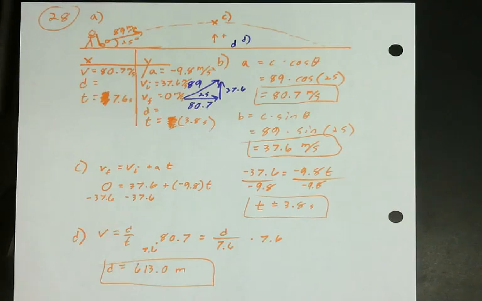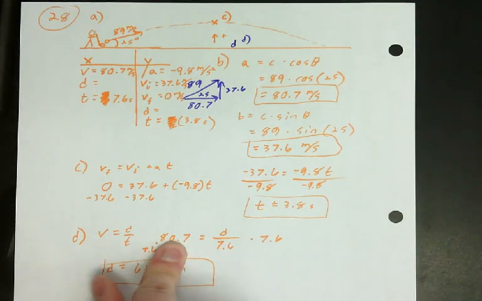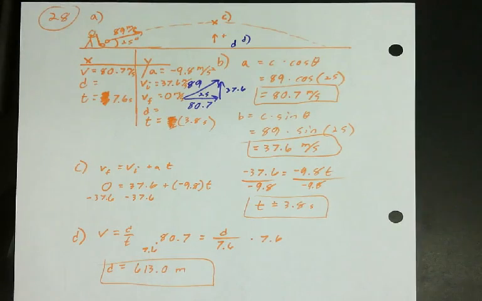A lot of times the answer choices are based off of mistakes that you might make. For example, if this was what I was solving for, one of the answer choices would be forgetting to double the time. So instead of 7.6, if you use 3.8, that answer choice would be on there. Another one would be, instead of using the 80.7, it would be the 90 or the 89. So they should be different enough that you're not going to have that come up. All right. Good.